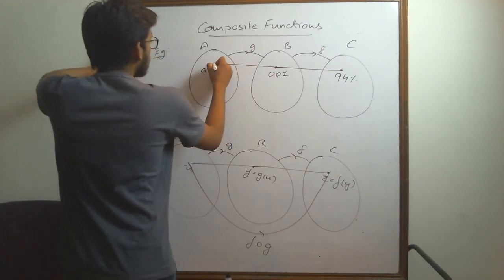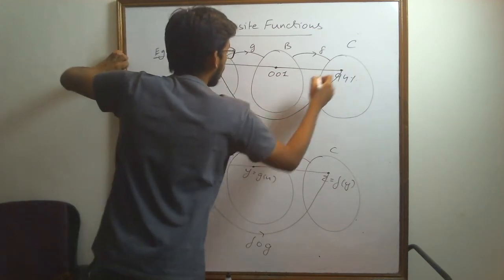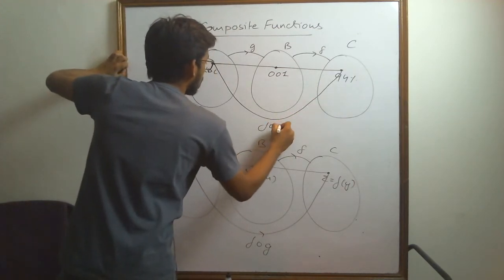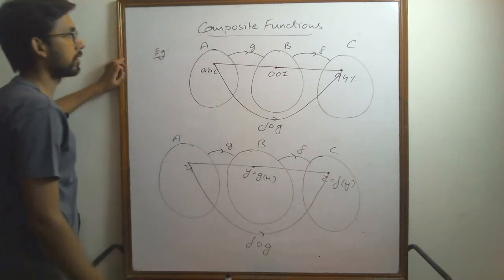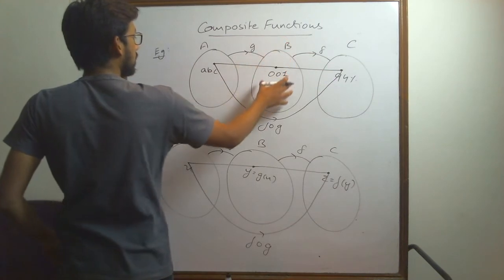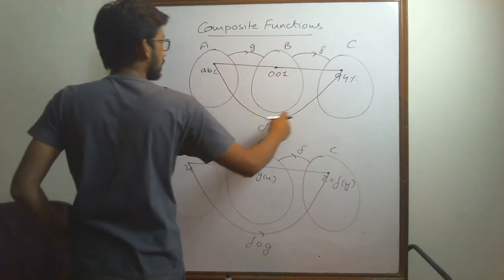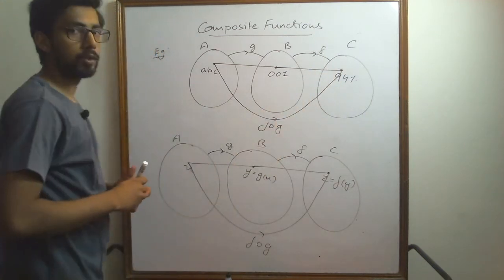So under the function FOG, the student will be directly related to the marks that he or she got in the exam. So we are removing the set in middle by directly connecting the first set to the third set using the composite function.